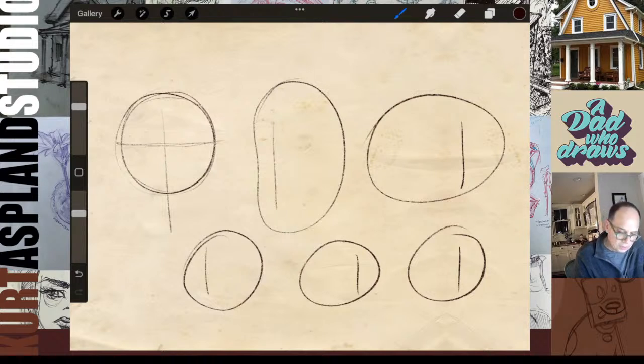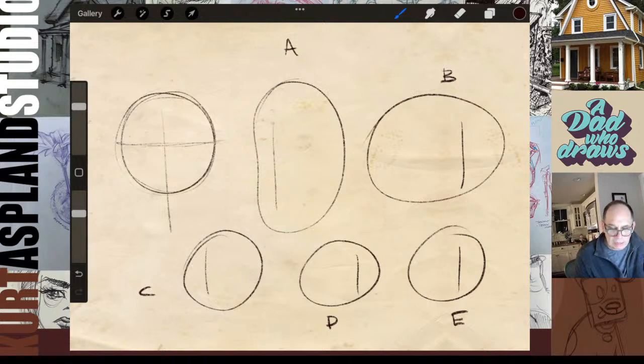So let's just say this head we'll call A, B, C, D, and E. So on head number A, the head is looking off into the direction to the right. Head B is looking off to its left, and you can see just where I put that center line is determining which direction the head is looking.